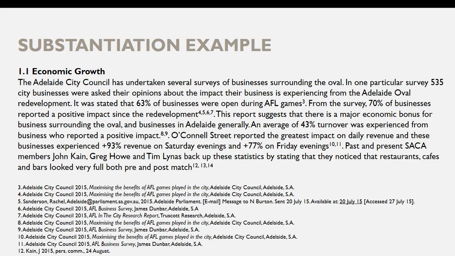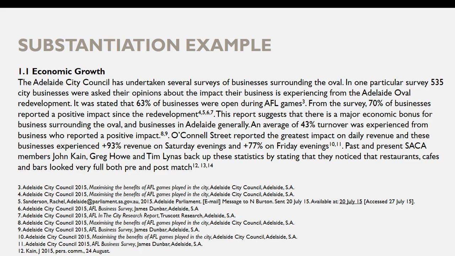Notice that the fourth sentence, following on from the survey, 70% of businesses reported a positive impact since redevelopment, has 4 references. And this essentially means this is where your cross-referencing is kicking in. And it's good because it means that you can quote 4 different sources that have suggested this particular fact, statistic, idea, concept, or whatever else.